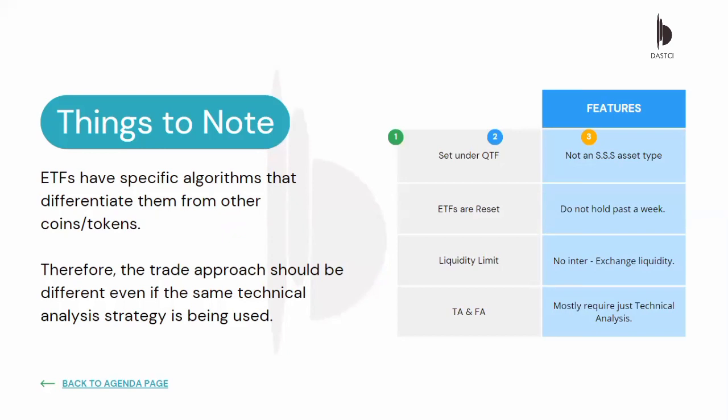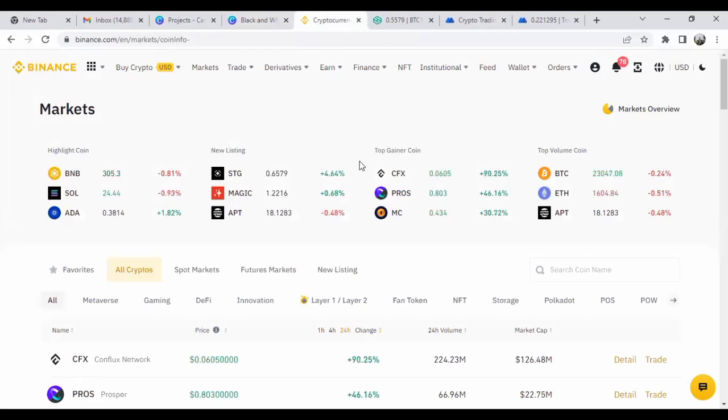Now let us look into the practical aspect of it. Okay, so now we are on Binance. We're on the web version of Binance. I want to teach you how to locate the ETF aspect on Binance. When you log into your Binance, this is mostly the first page you see.